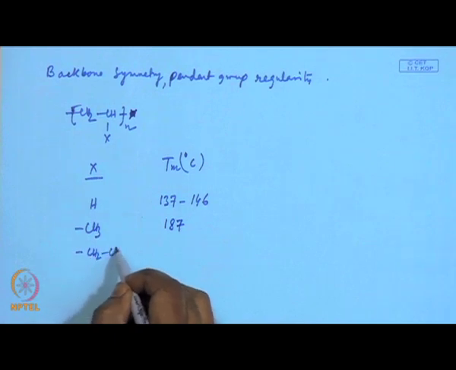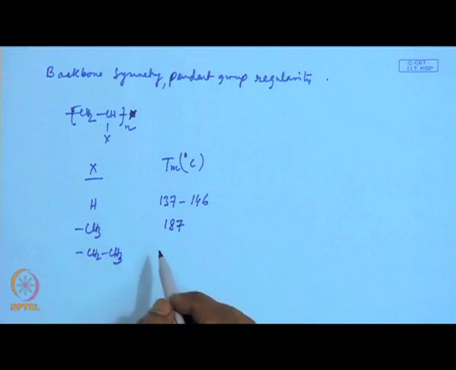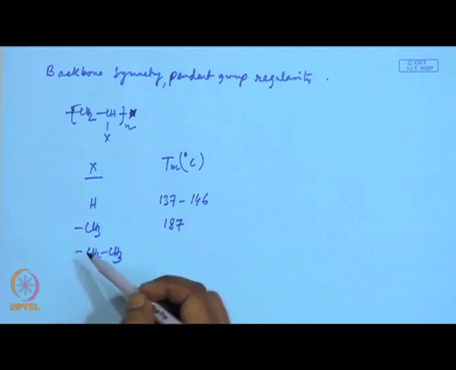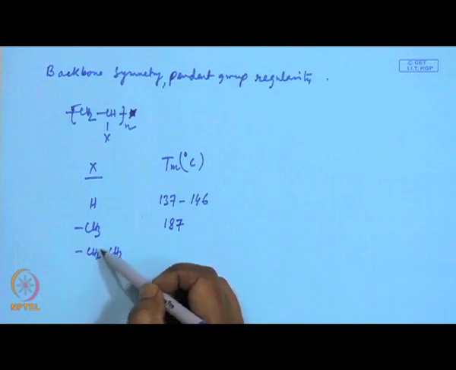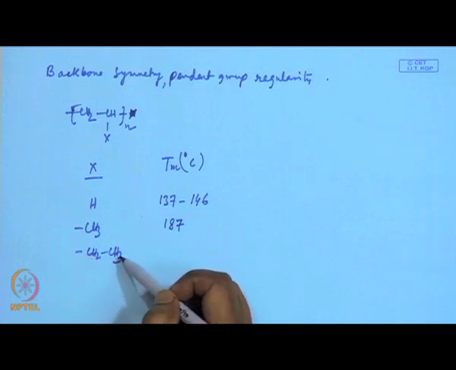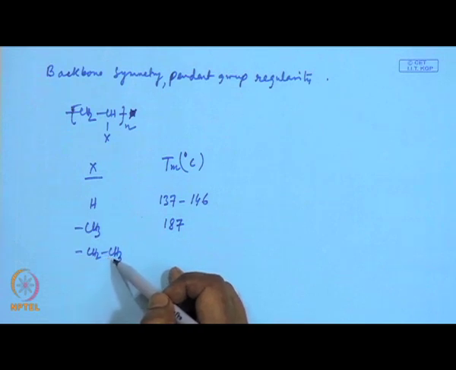But if you increase the length of the side chain, as we have seen in case of Tg as well, the chain rotation is mainly determined by the first 1 or 2 pendant groups. If you have longer pendant groups, it actually plasticizes the polymer molecules by increasing the free volume.